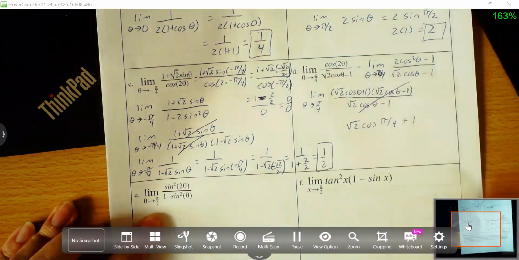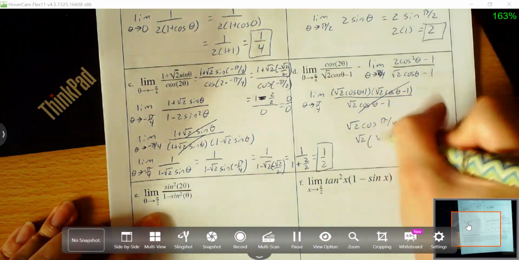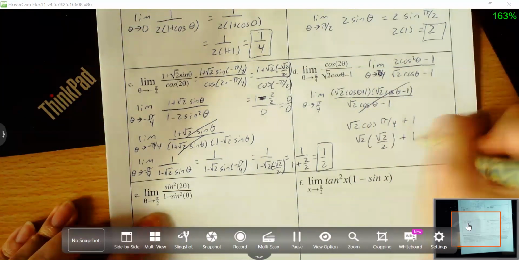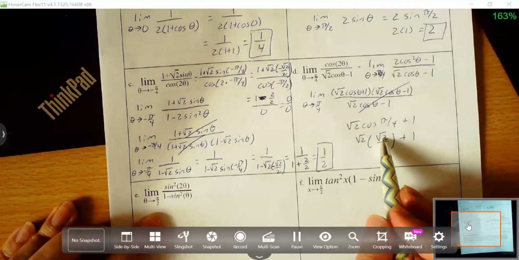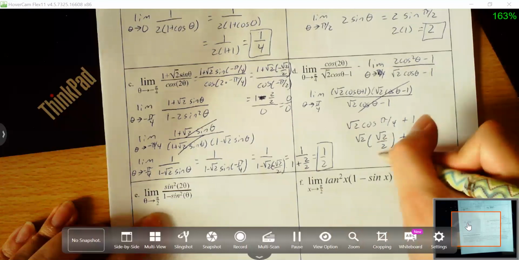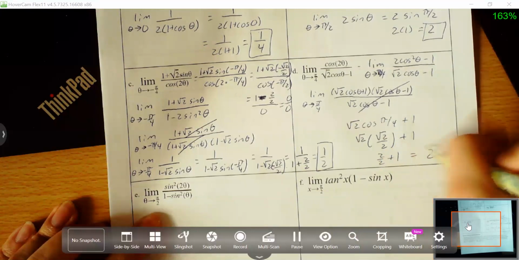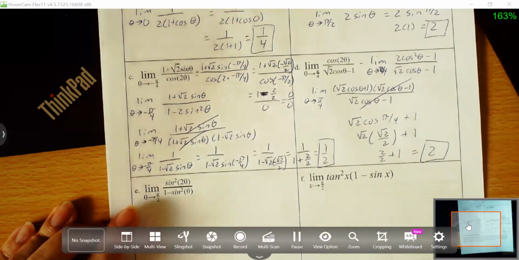Cosine of pi over 4 is root 2 over 2. So this is root 2 times root 2 over 2 plus 1. Root 2 times root 2 is 2. So this is just 2 over 2 plus 1. And so I should get 2 there. Okay.